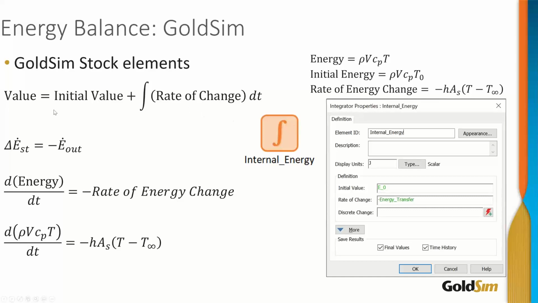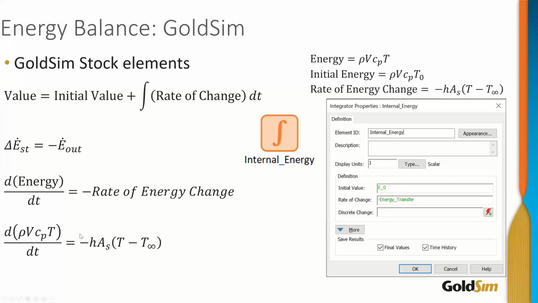Okay, so our internal energy, the stock element, is basically defined by a value which is equivalent to the initial value plus the rate of change. The value that we're interested in today is energy. The initial value is the initial energy given by the initial temperature, and the rate of change is the mode of heat transfer outside of the body.